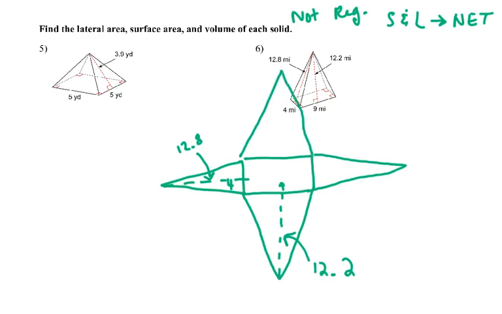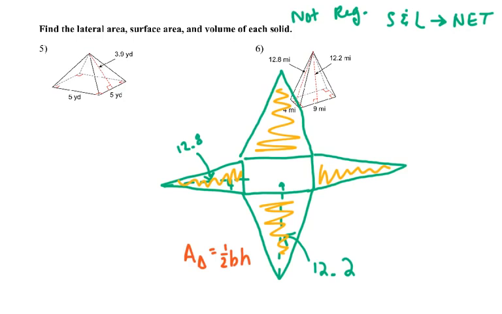All right, so our lateral area is going to be the area of all 4 of these triangular faces if we unfolded this box. So we just need to find the area of each one of these triangles and add them together. Remember the area of a triangle is 1/2 base times height.